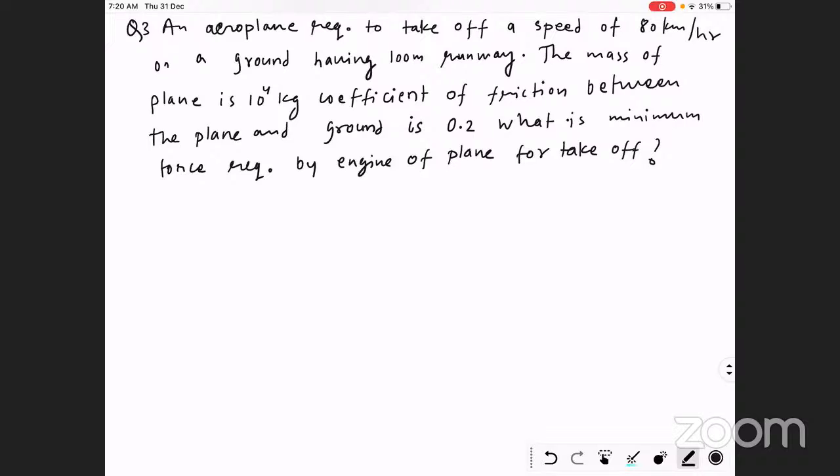By third equation, you will have to calculate acceleration first. Then you can apply net force equation.